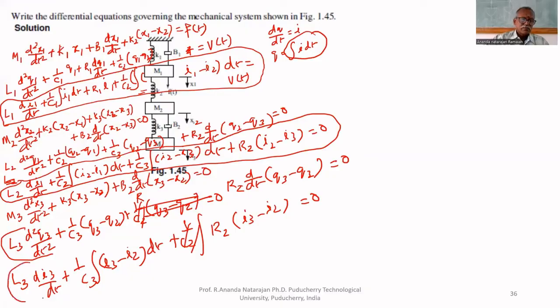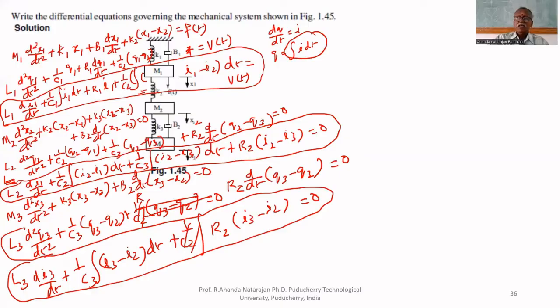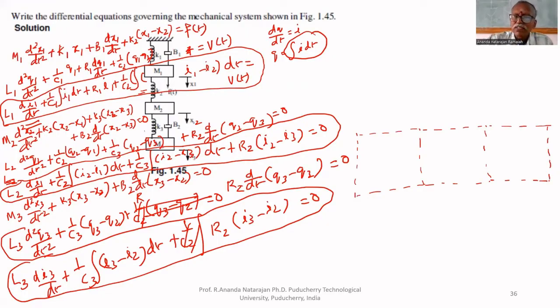If you consider these three equations, we can draw the electrical analogous of the mechanical system. What is the first element? L1. There are three loops. The current through the first loop is I1, through the second loop is I2, and through the third loop is I3.